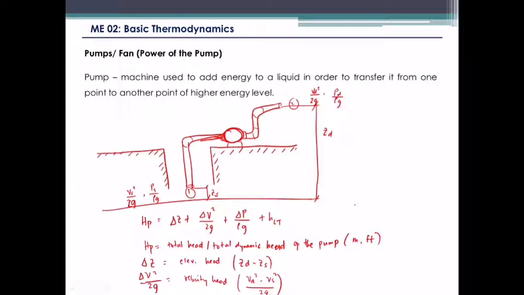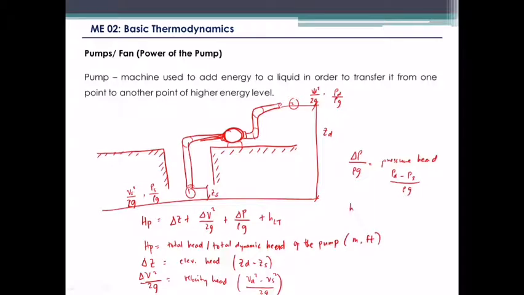And then we also have the pressure head, delta P over rho G, or rho G is gamma, right? That is the pressure head. It's equal to the pressure at the discharge minus the pressure at the suction over rho G.